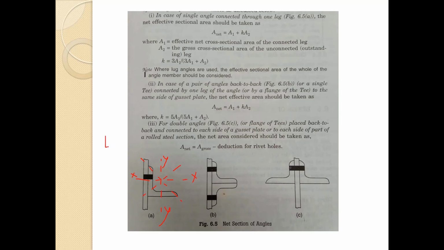Suppose this is the unequal angle, having one leg of more length and the other leg of less length. So we can put the angle like this, like this, again like this, and like this also.